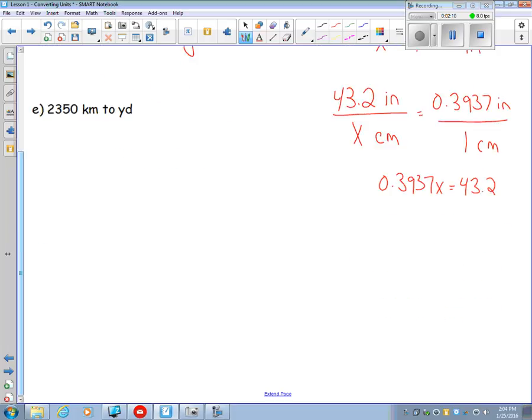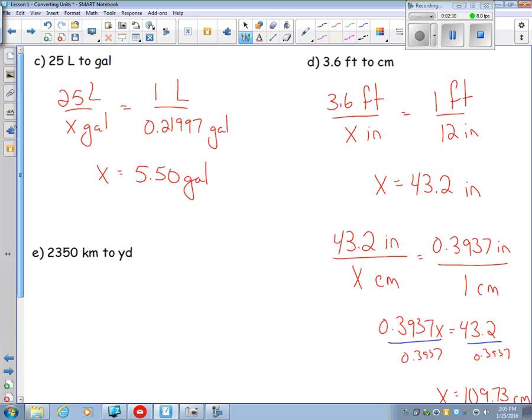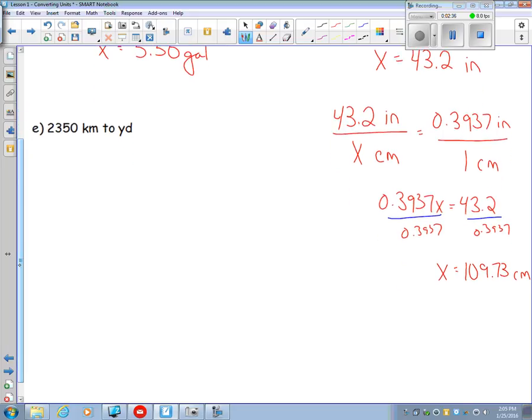We don't have our answer yet because we don't have x by itself, so we need to do the dividing out part. And you have 0.3937 and 0.3937, and x comes out to 109.73 centimeters. So if you come across a ratio that you don't have a conversion factor for, you may have to do an intermediate step where you convert one unit to another unit first to be able to use your conversion factor.